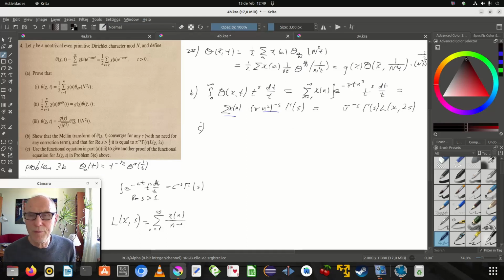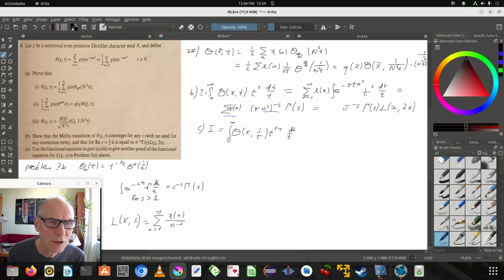Let's get it on and make the usual change of variable. This integral equals the integral from 0 to infinity. Just introduce u is the reciprocal of t. And we must now use the transformation formula.